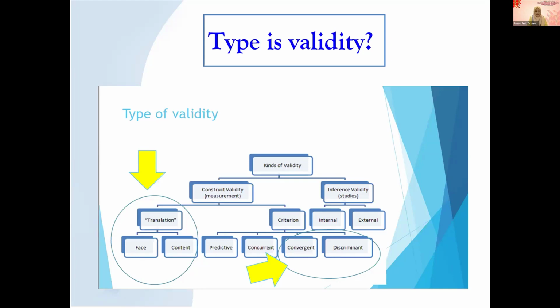And for face validity, besides just giving the questionnaire and asking them which part they did not understand, it's good that you also give the same thing as you give the experts and ask them to give a score: is this item understandable or not?